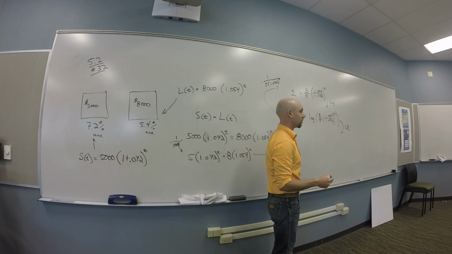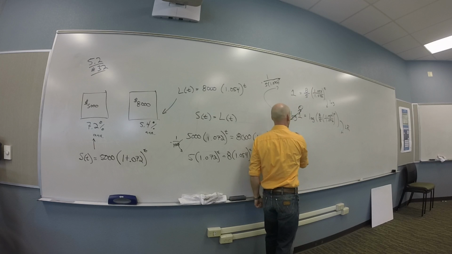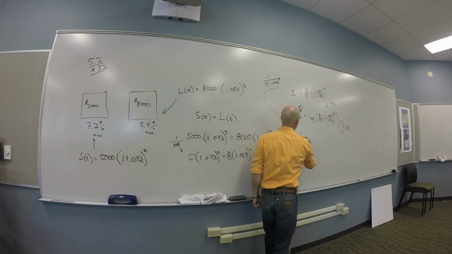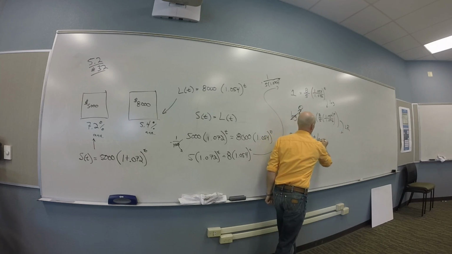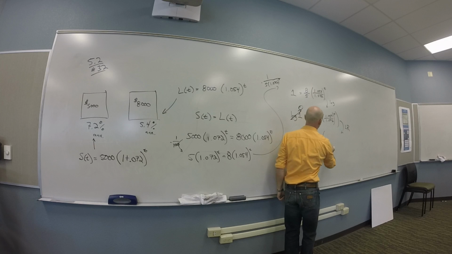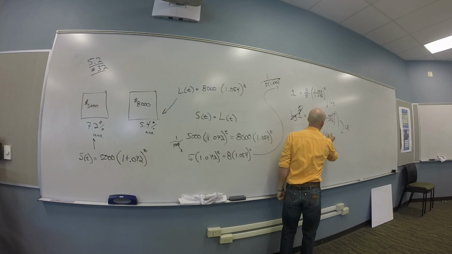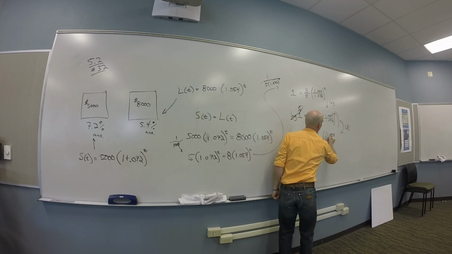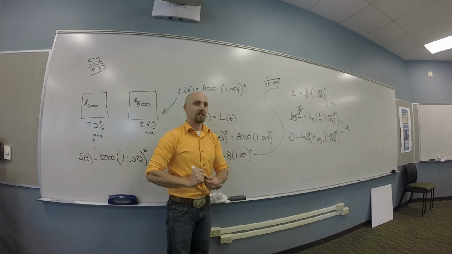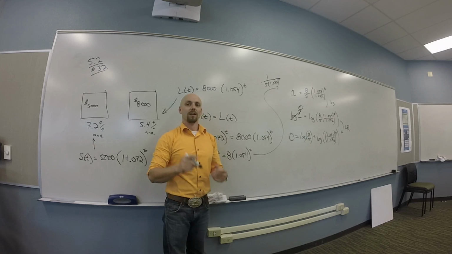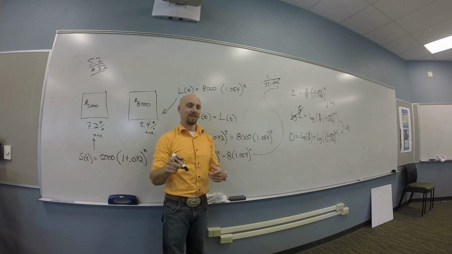So I'm going to have 0 is log of 8/5 plus log of 1.054 divided by 1.072 to the t. I'm getting really tired of writing this stupid number. You can write it one more time. Yeah, I know.